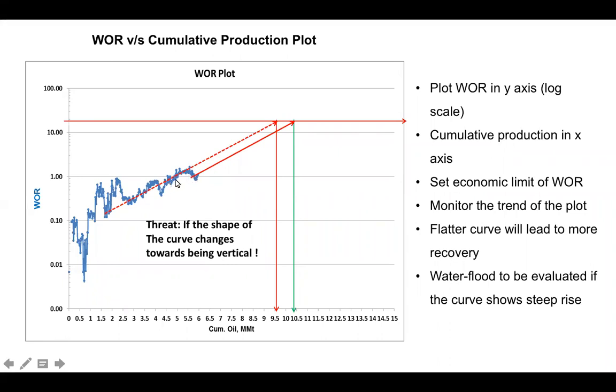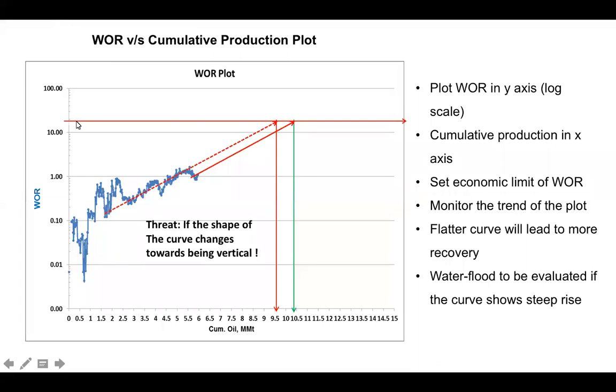But if you see that the plot is going vertical, that means the water that is being produced in your field is much more than what should be produced. That means a lot of water that should be in the reservoir is coming out through the producer, which is not good. And you should definitely go back and check the reason for that. You don't want the water to come out of your field too early.